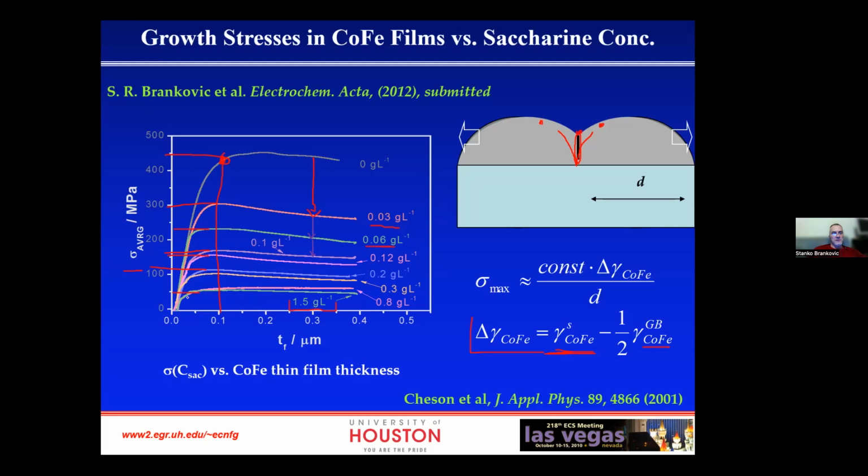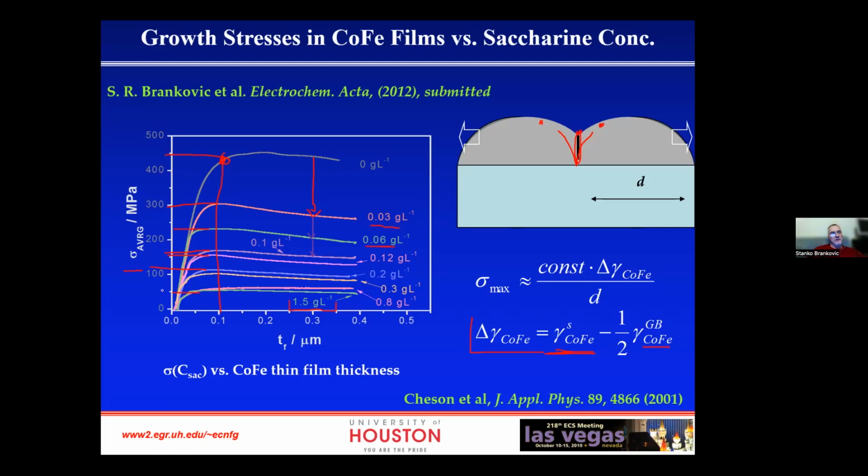You can see that the maximum stress has dropped below 50 megapascals. Wow, that's really low when you think about stress in the films. This is almost negligible stress. And you can see that just by the design of the additive concentration in the bath, we can drop the level of the stress in the film by a factor of almost 10 times, from 450 down to below 50 megapascals.